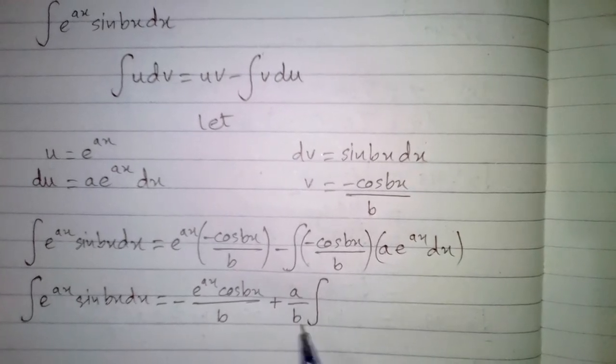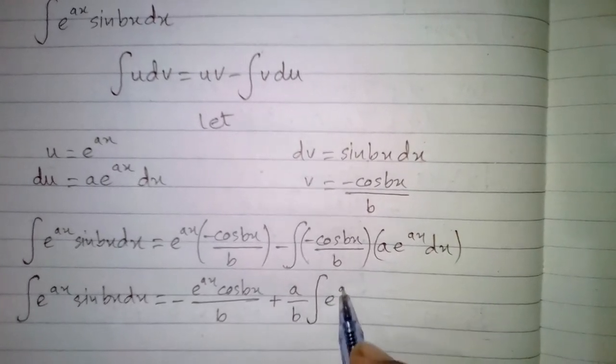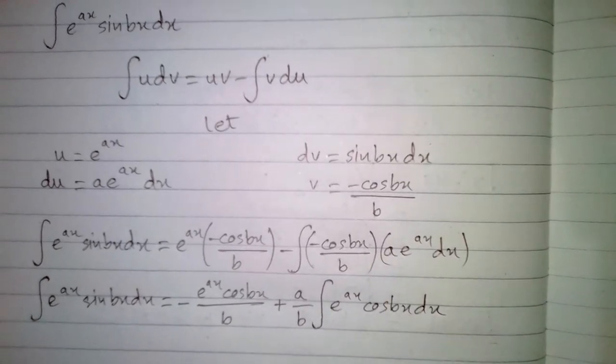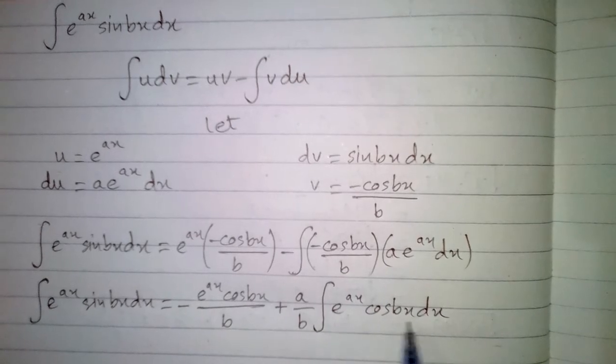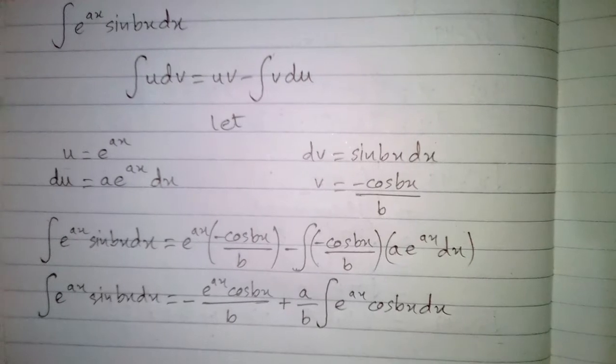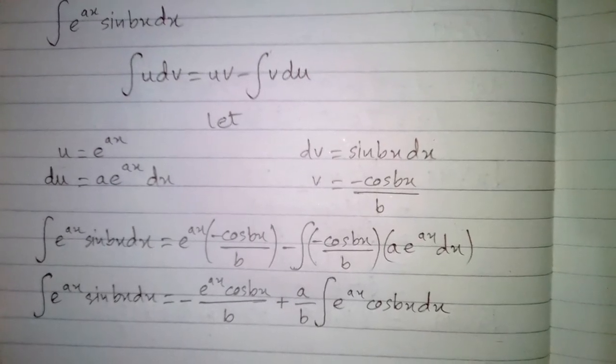So we have plus a upon b integral of e to the power ax cos bx dx. Now again we have two different functions in the integral, so we will use integration by parts again.